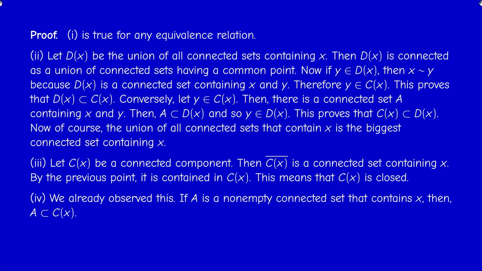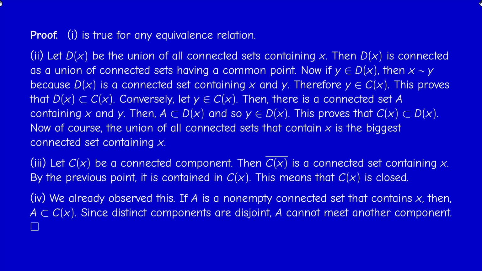And last point: every connected set is contained in exactly one component, non-empty, of course. So if A is a non-empty connected set containing one element x, then by point 2, C(x) is the biggest connected set containing x.